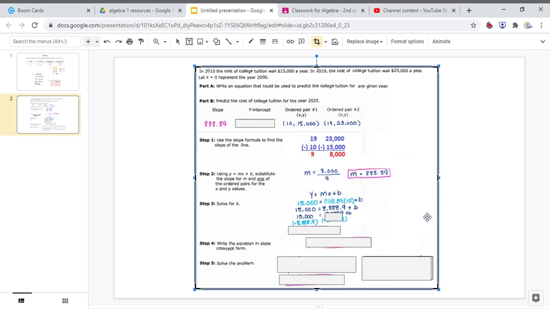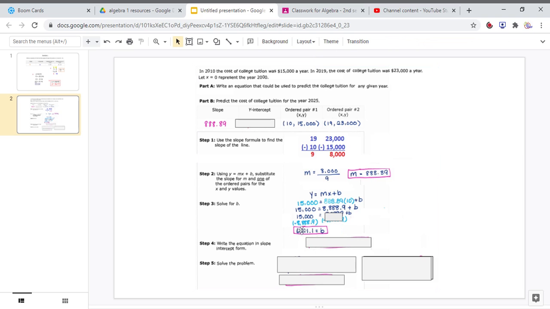And all we have left is our b on one side, and then we have our subtraction part over here. So we have 15,000 take away $8,888.90, and that leaves us with $6,111.10.